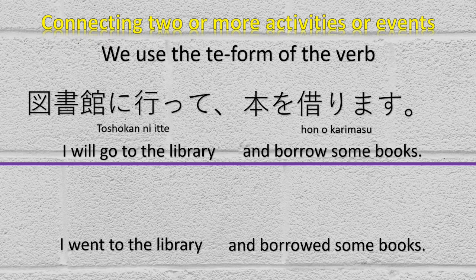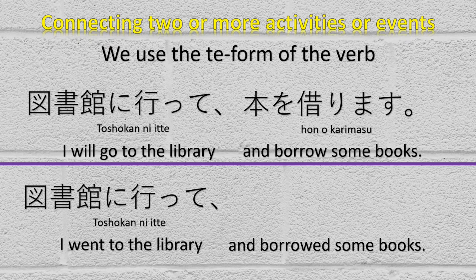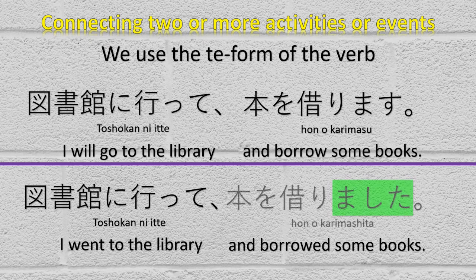Now, if we change it to past tense, we also use the same. Toshokan ni itte hon o karimashita. Here, because karimashita is in the past tense, it follows that itte is in the past tense also.